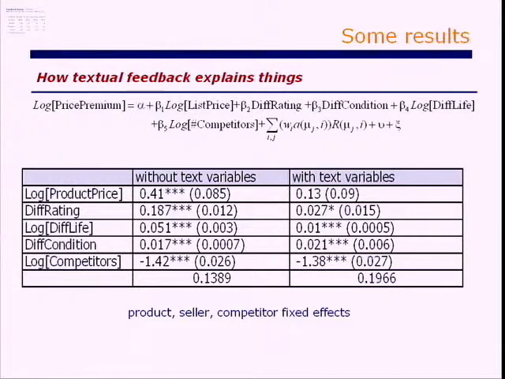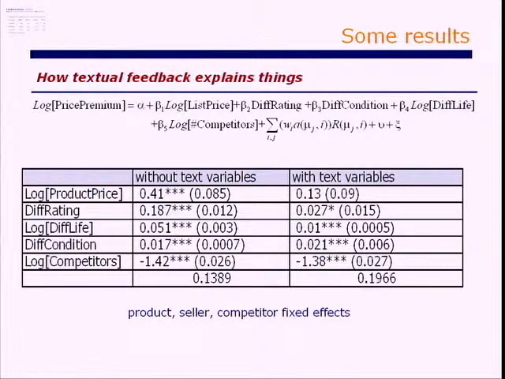So here are some estimates. What I want you to take away from this particular picture, and as I said, the regressions that we've run are very simple. We just modify our data in a way that makes the distributions well behaved, and it's ordinary least squares.